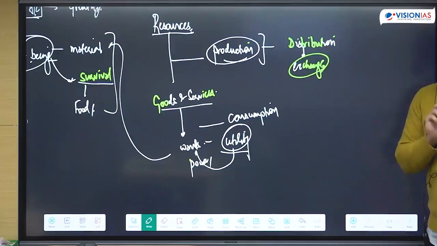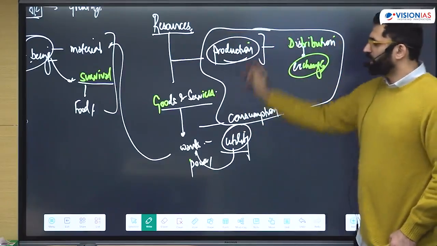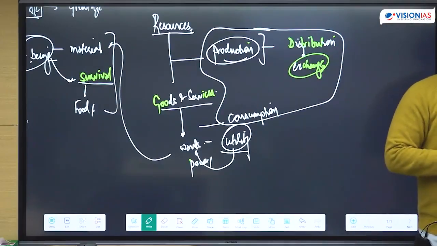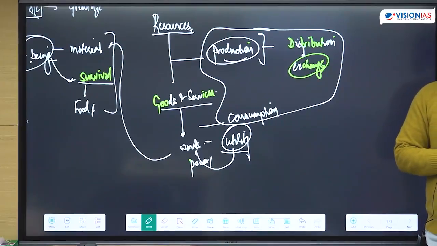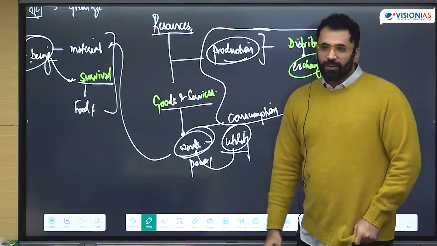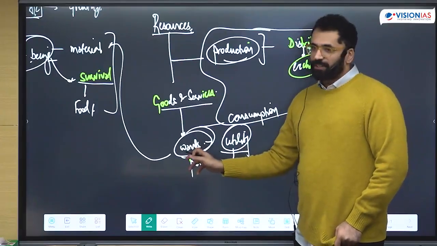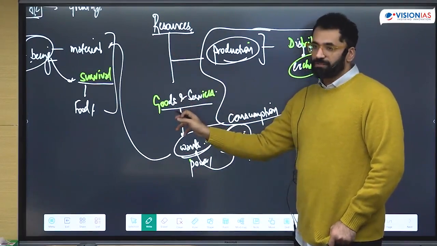Now, what the subject is trying to do is, subject is trying to understand this production, consumption and distribution. The whole subject is centered around production, consumption and distribution. Now, why are we talking about these things? Because we want to study how people are satisfying their wants. Why? Because they have certain needs and resources can't fulfill them, goods and services are.